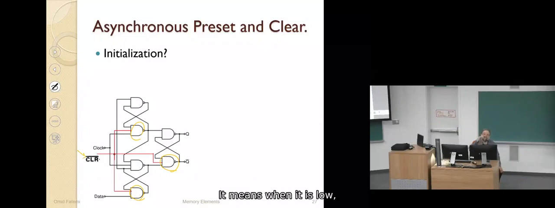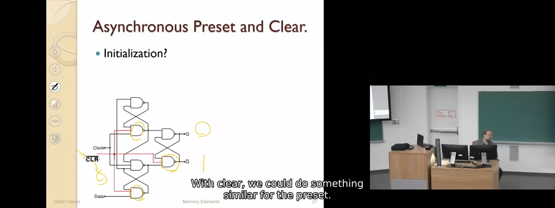It means when it is low, it is active, it works. So when you make this 0, it clears. When you make it 1, it is not active, nothing happens. So when you make it 0, it clears the output. The output becomes 0 and Q bar becomes 1 with clear.